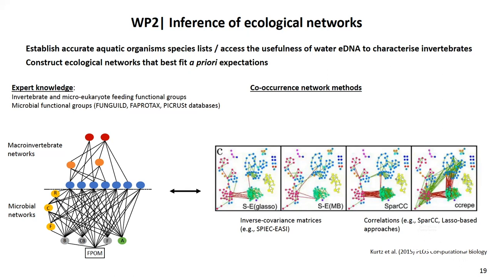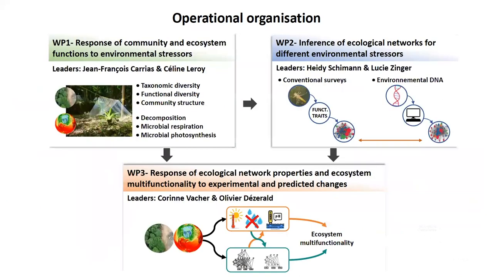And we will compare all these methods with the network of reference to be able to assess the weaknesses and strengths of each of these methods of inference. And in the end, we will keep the best ecological network that fits our expectation. And this final ecological network will be used for subsequent analysis in work package 3.